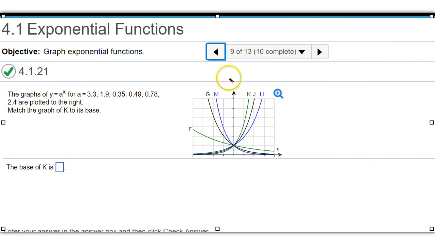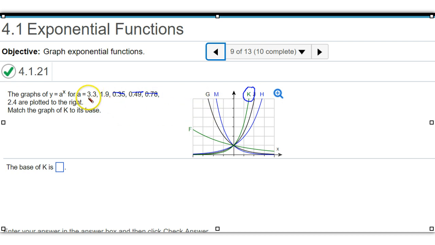So here is another, and these are in practice mode. So y equals a to the x power, where a are these values. Well, we're going to eliminate the fractions because they want to know what k is. So these would be the fractions on this side.